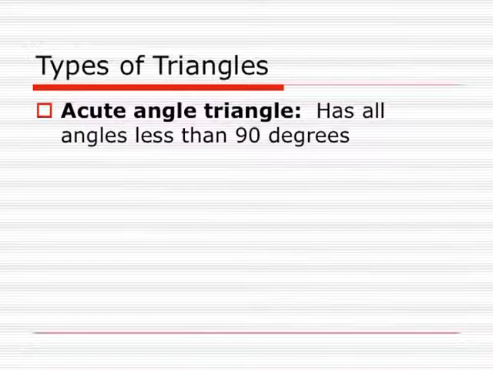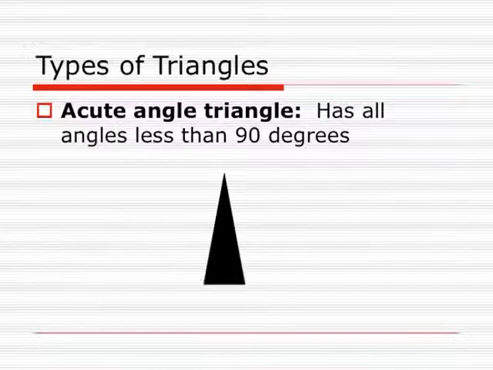The very first type we come across is the acute angled triangle. It is a triangle in which all 3 angles are acute. If all 3 angles of a triangle are less than 90 degrees, then we say that the triangle is an acute angled triangle.